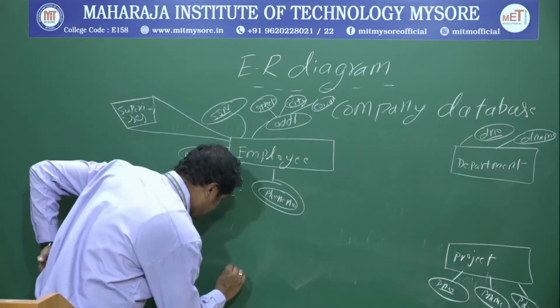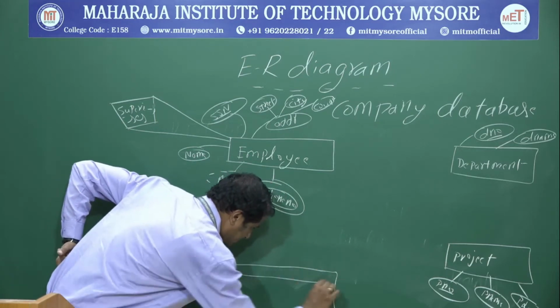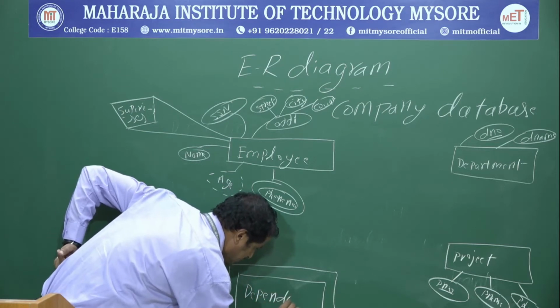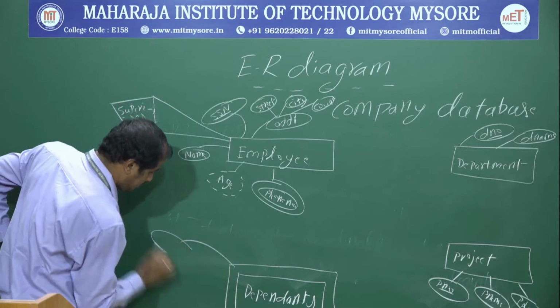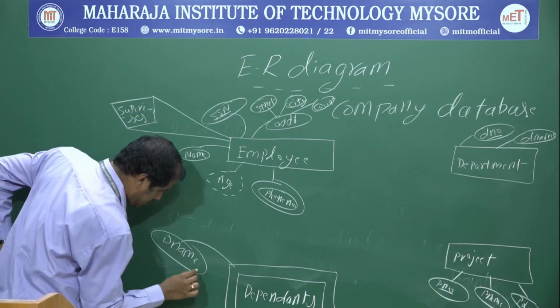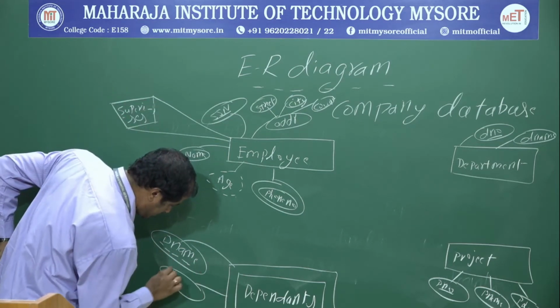Then I have a weak entity to be identified, that is dependent, with dependent name as a partial key, along with dependent type.